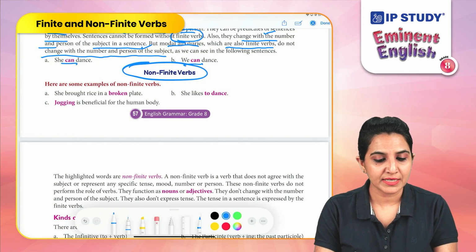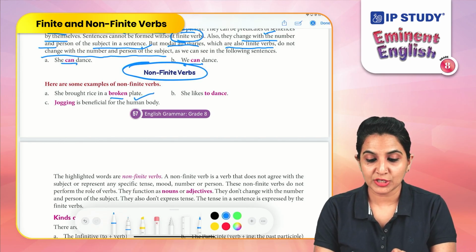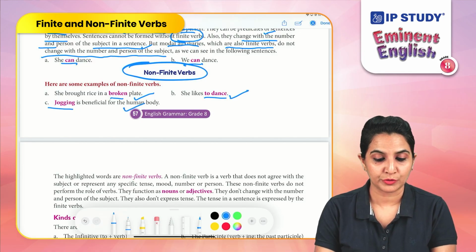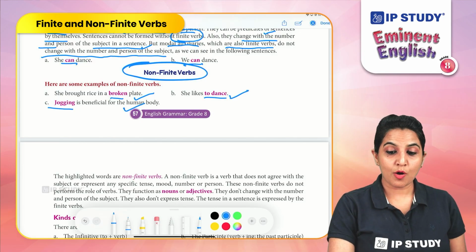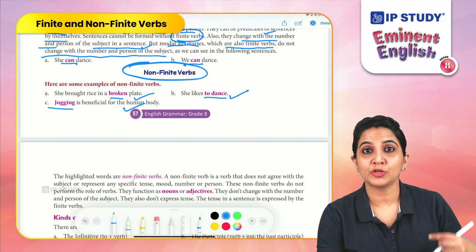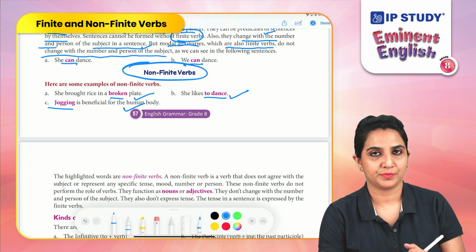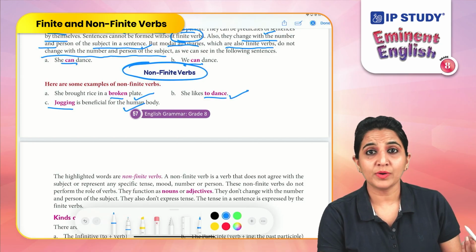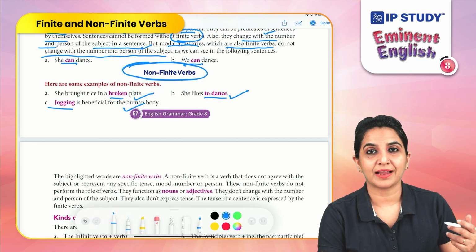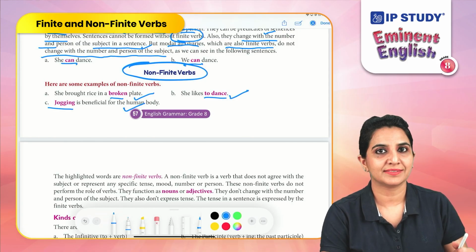She brought rice in a broken plate. She likes to dance. Jogging is beneficial for the human body. Now, often these types of verbs are formed by adding to with the base verb. Sometimes to is not added, and they function as a noun or an adjective in the sentence.